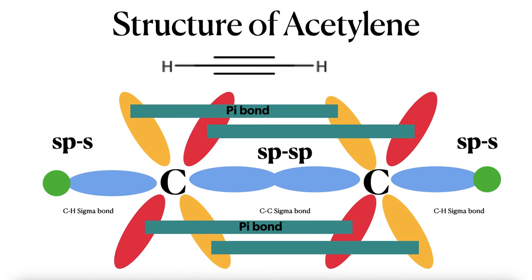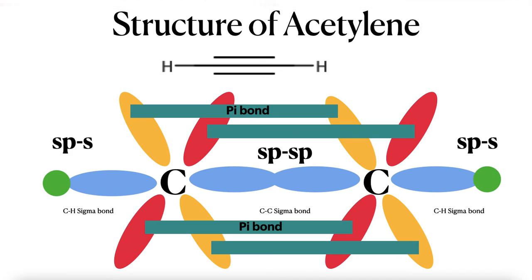Okay, as we know, the sp hybrid orbital has a bond angle of 180 degrees. If this unhybridized p orbital is above and below the plane of the screen, then this unhybridized p orbital is in front of the screen and this is the back side of the screen.